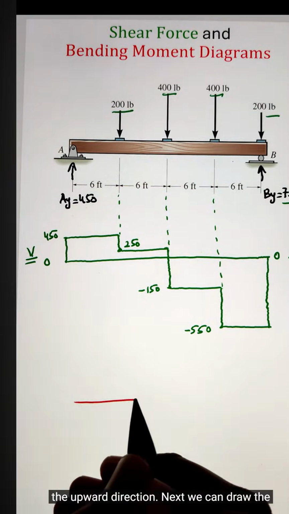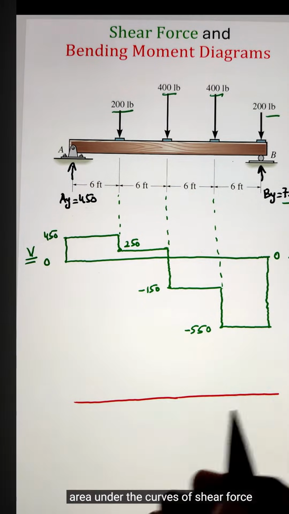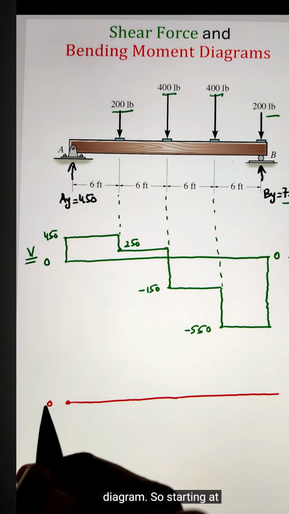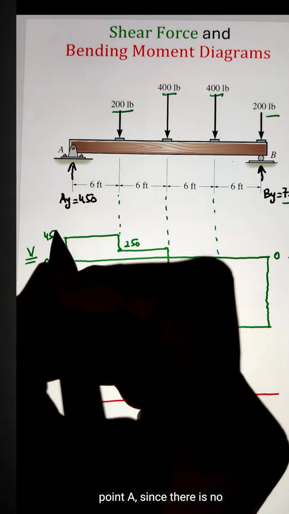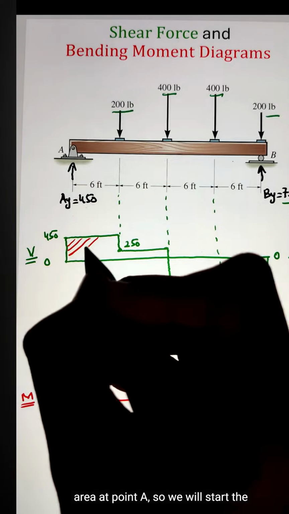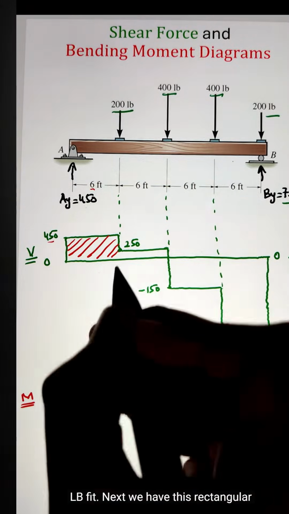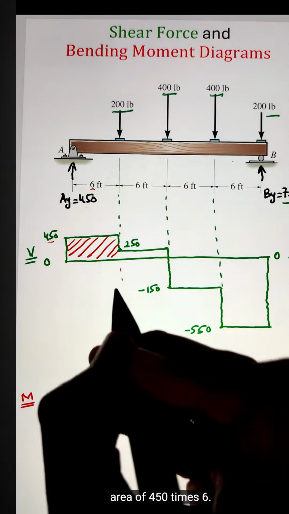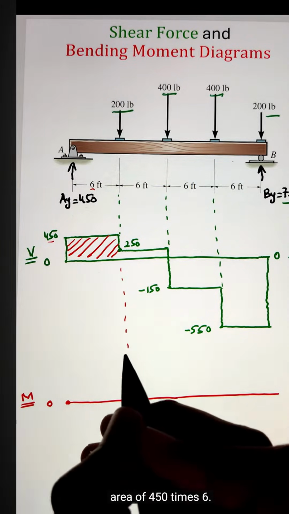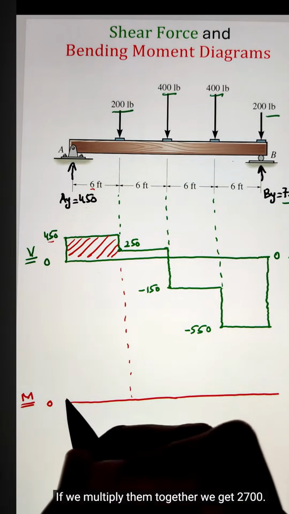Next, we can draw the bending moment diagram utilizing the area under the curves of the shear force diagram. Starting at point A, since there is no area at point A, we will start the bending moment diagram at 0 pound feet. Next, we have a rectangular area of 450 times 6. If we multiply them together, we get 2700.